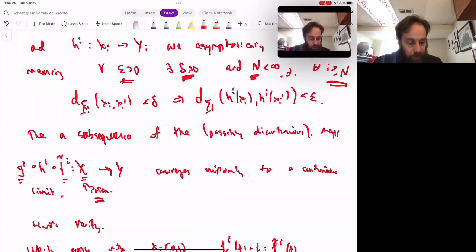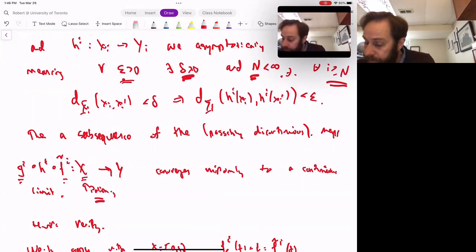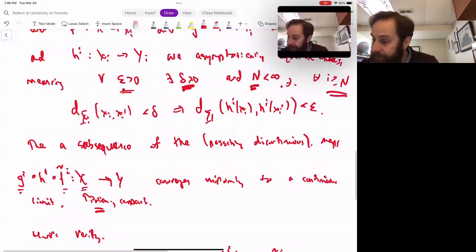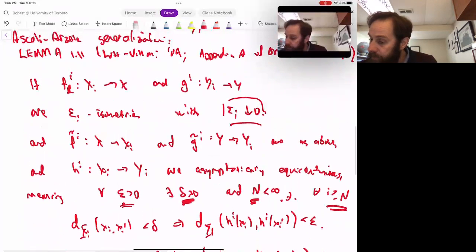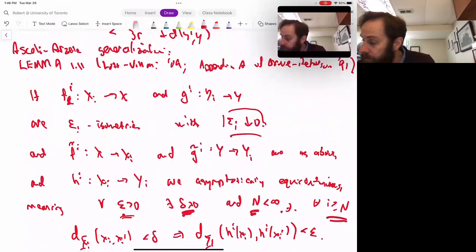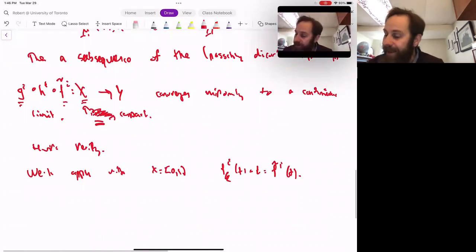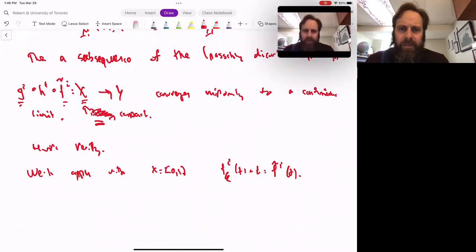I wasn't super careful in my statement here, but I want the spaces to be compact as well. I probably want both spaces to be compact. So of compact spaces. And then I don't need it to be Polish anymore because I have compactness. So compactness implies the existence of a countable dense set.